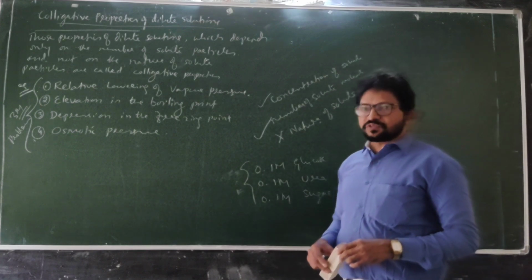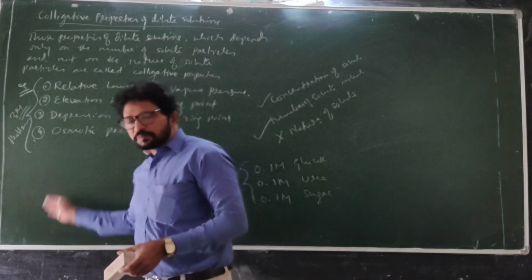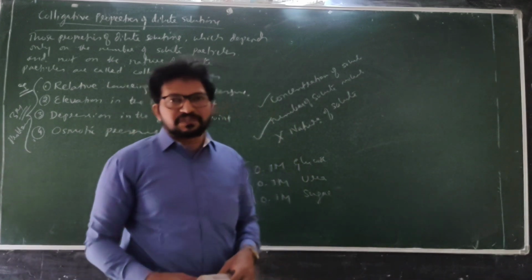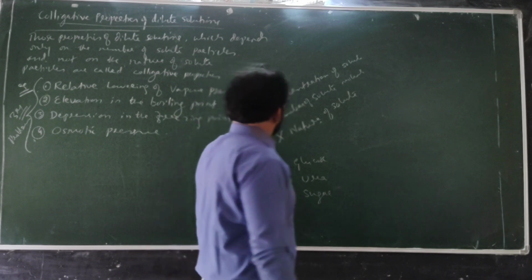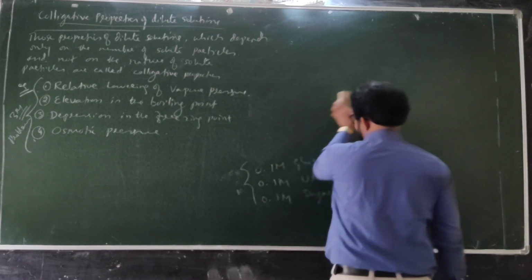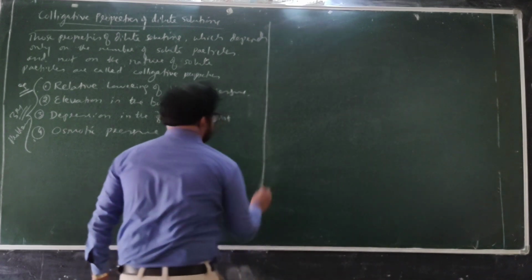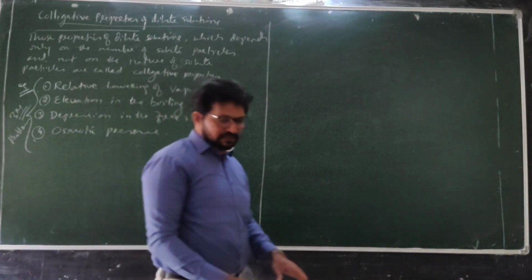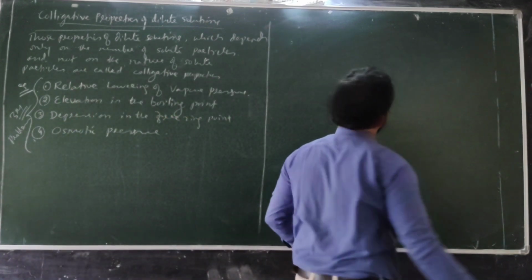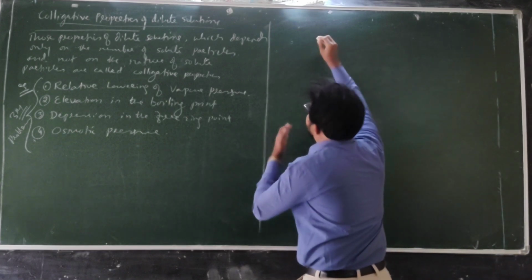Particularly, 2-mark questions are there under osmosis and osmotic pressure. So one or two properties, let us try to complete today. Okay. So the first colligative property, relative lowering of vapor pressure.